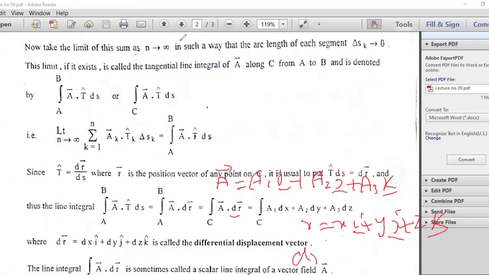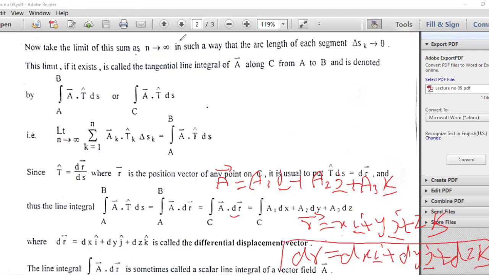When we differentiate this vector r, it gives dx i plus dy j plus dz k. Applying the dot product A dot dr, we get A1 dx plus A2 dy plus A3 dz, since i dot i is equal to 1, j dot j is equal to 1, and k dot k is equal to 1.